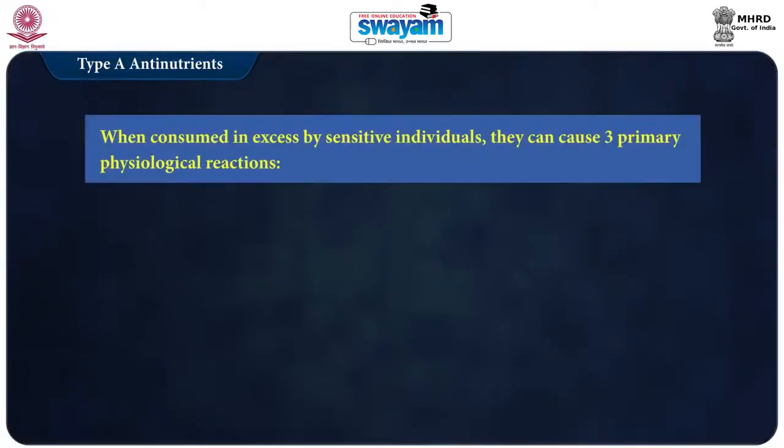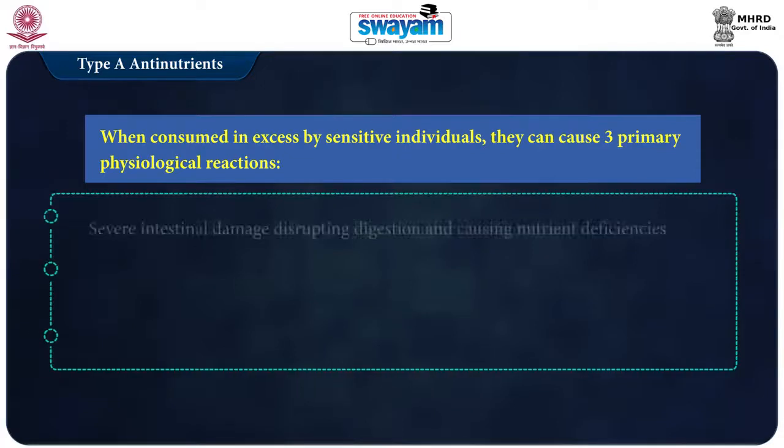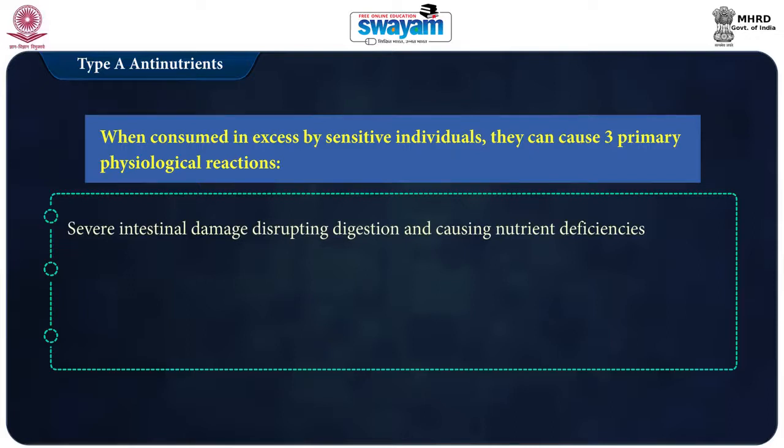Now, when lectins are consumed in excess by sensitive individuals, they can cause three primary reactions. Number one, severe intestinal damage, disrupting digestion and causing nutrient deficiencies.